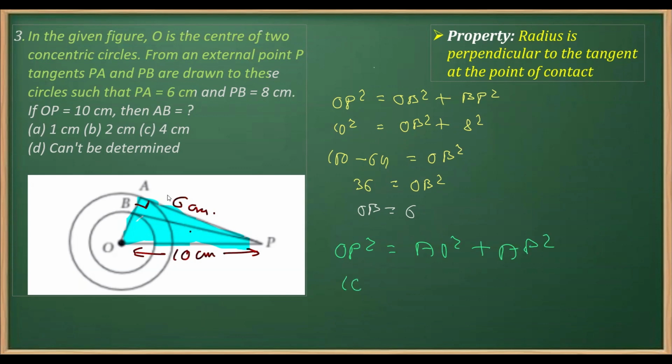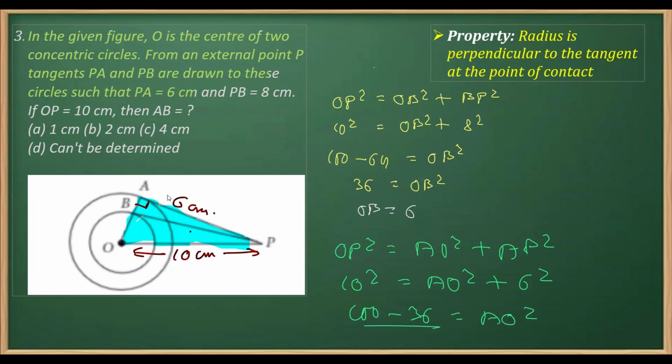OP is 10, so this is 10 squared. AO we don't know, and the length of AP is 6. So 10 squared, which is 100, minus 6 squared, that is 36, is equal to AO square.